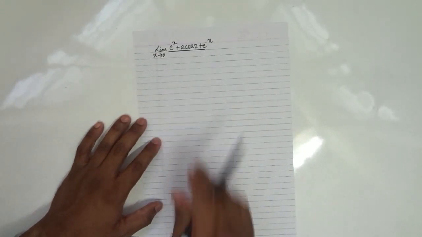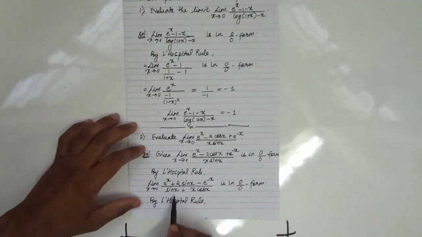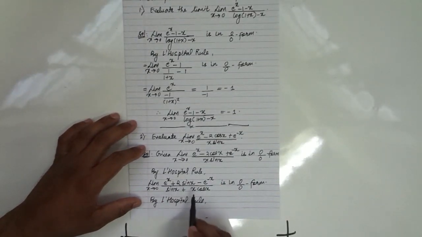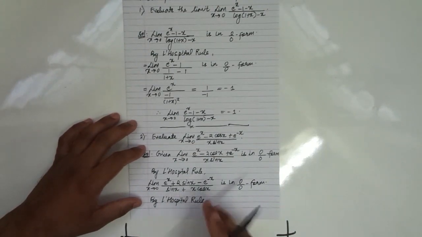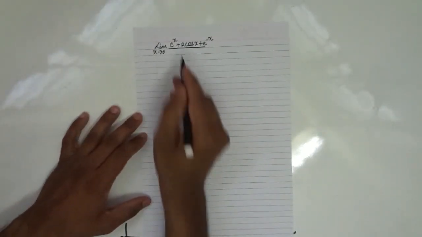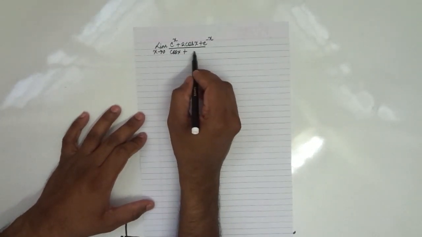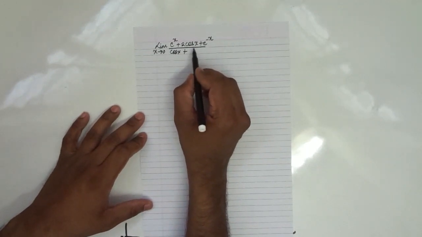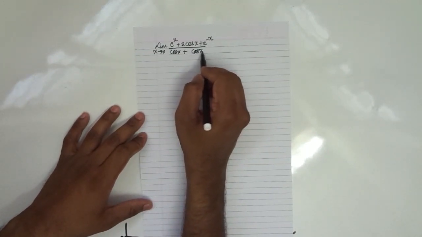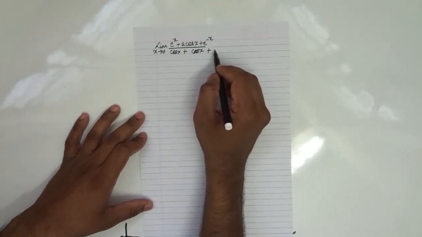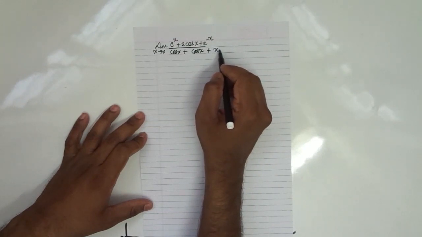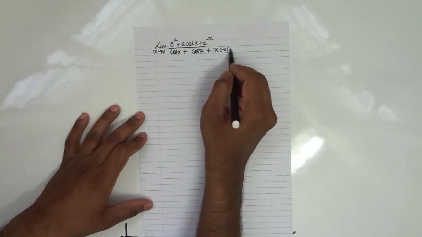And what about the derivative in the denominator? This will be cos x, and again I will apply u into v rule over here. So cos x as it is, plus x into derivative of cos is minus sin x.